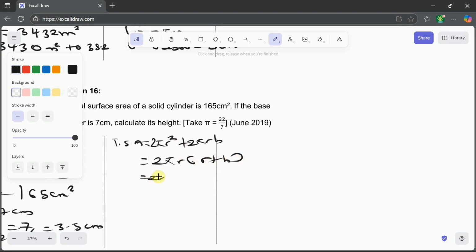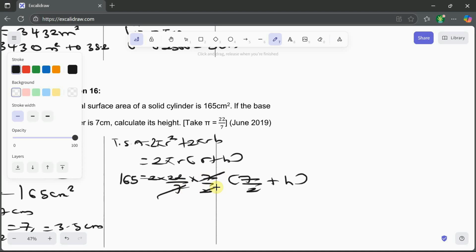So this is 2 times 22/7 times our r which is 7/2, open bracket 7 over 2 plus our h, where's our h? Unknown, that we're trying to find, right? So plus h. All of this will equal 165.